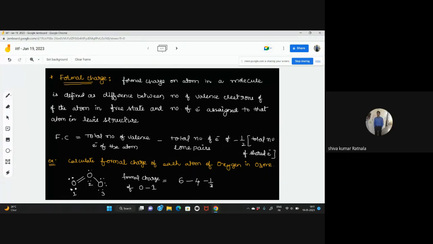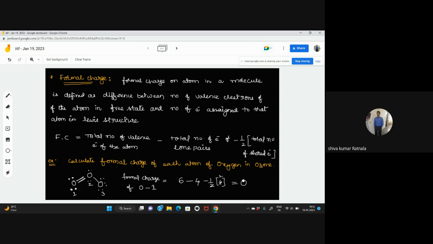Minus half into how many bonded electrons are there? A double bond means 4. That means it will be 0. Okay. So the formal charge on the first oxygen atom is 0.